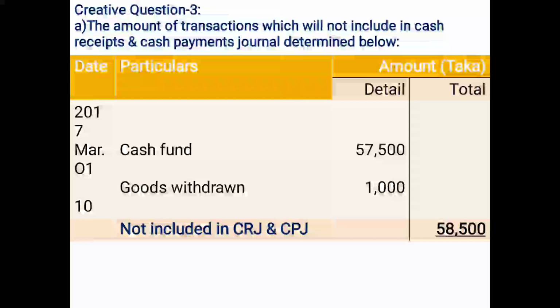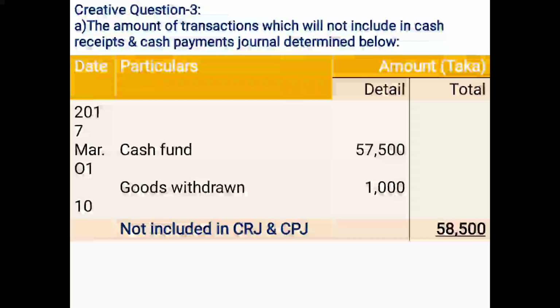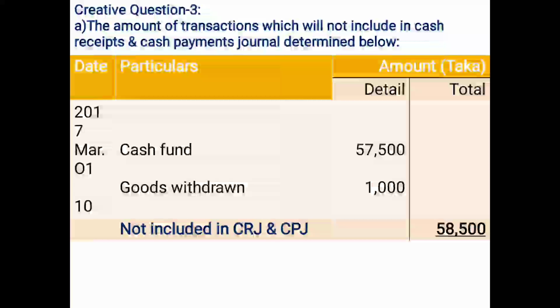March 22, shop rent paid by check taka 20,000. Check number 032651. March 27, old computer of the business sold taka 9,000. March 31, bank interest allowed taka 1,000.